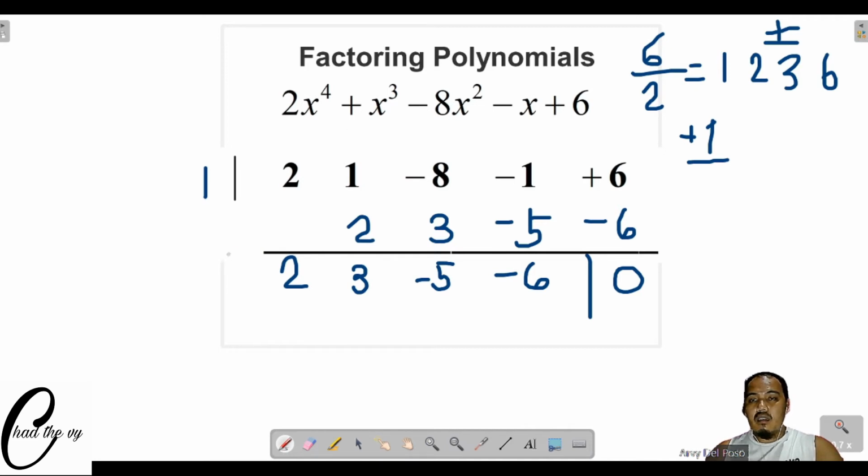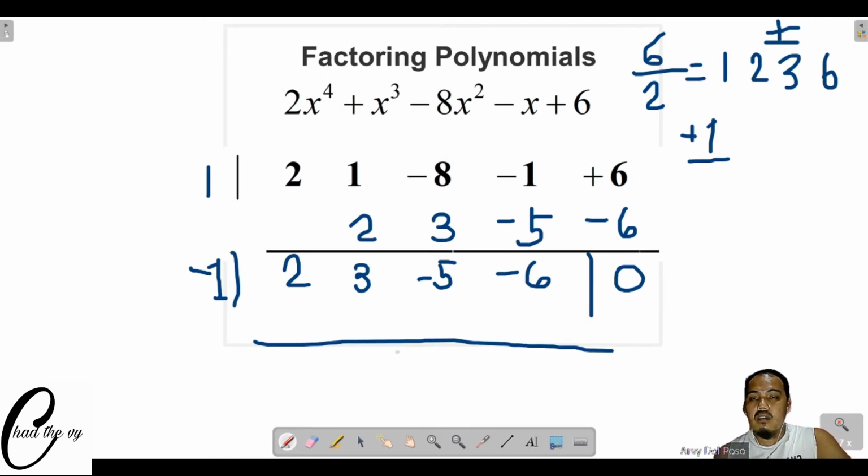And then again, diretso tayo, divide na natin to by negative 1. Kasi kung ang exponent niya ron ay 4, ito 3 na. 2x raised to 3 plus 3x raised to 2 minus 5x minus 6. Then negative 1. Then again, bring down 2. 2 times negative 1, negative 2.